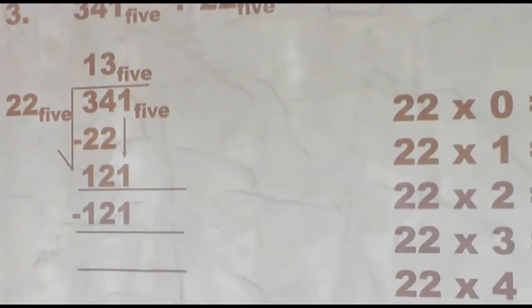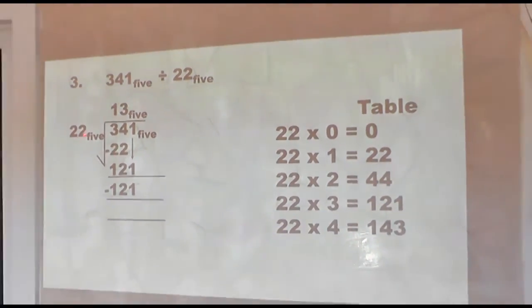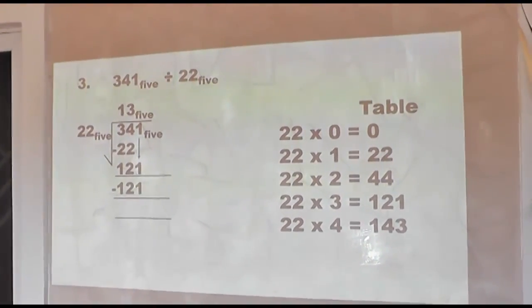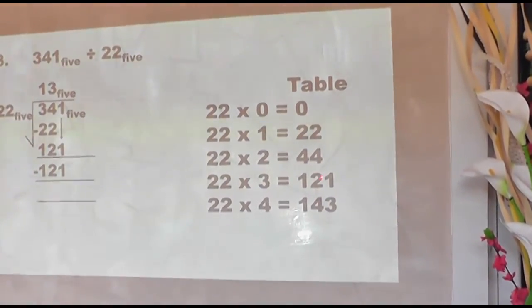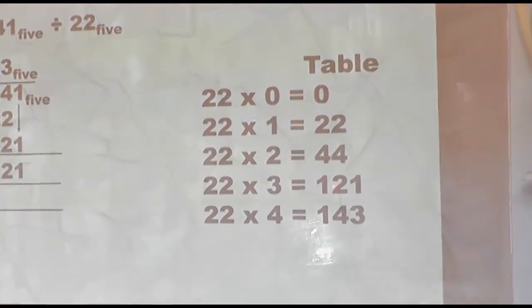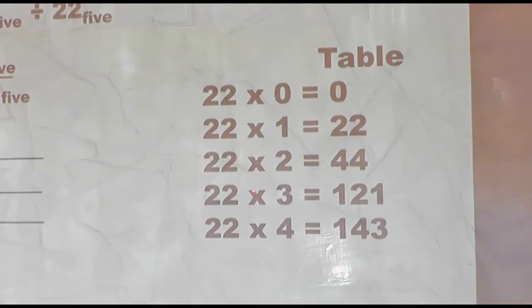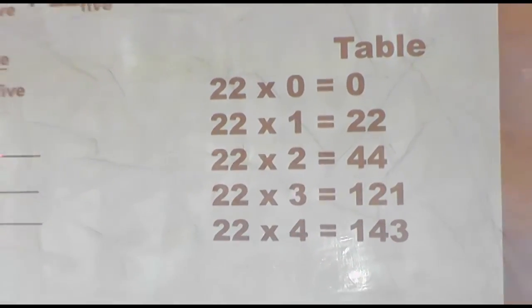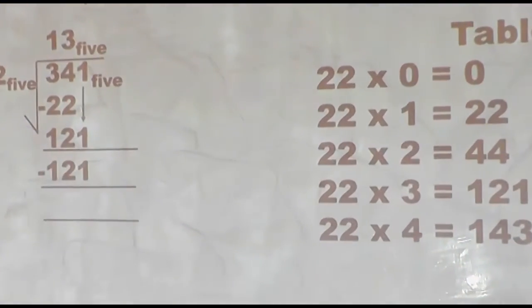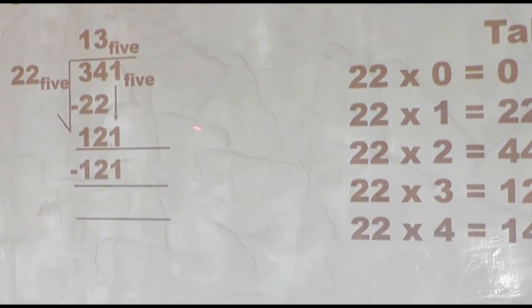And in dividing 121 by 22, let's come back to the table. What do we have closest to 121 or equal to 121? Okay, we have 121 itself here. So that means 22 times 3 is 121. So 121 divided by 22 now will be 3, according to this table.